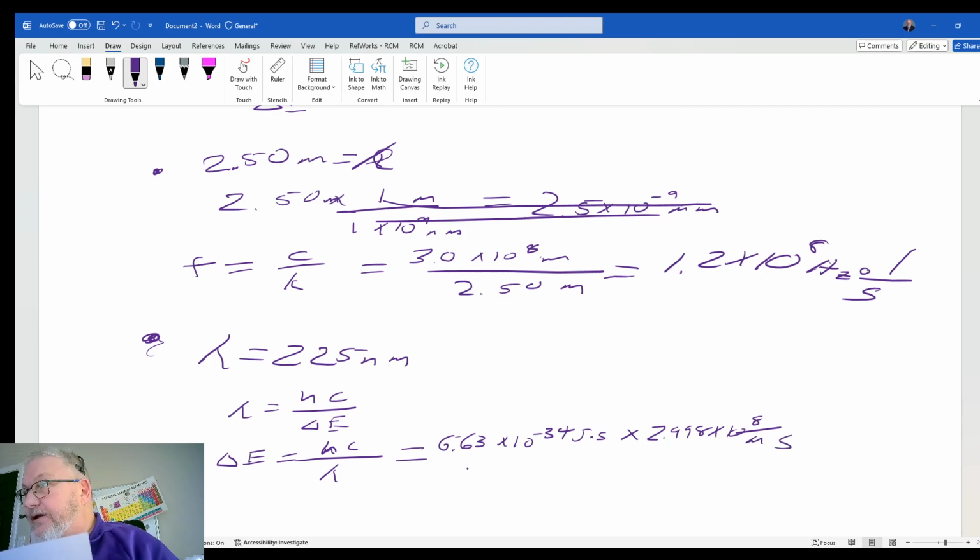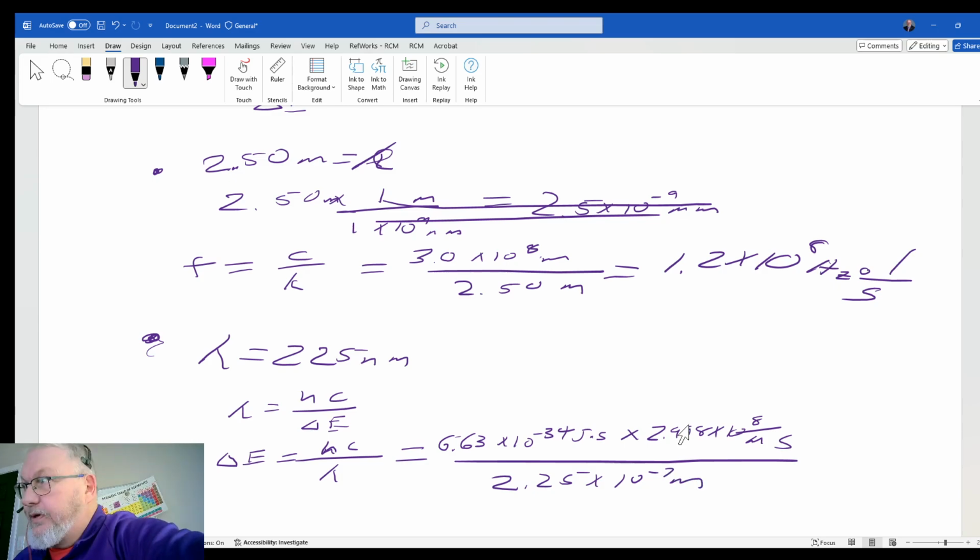And I'm going to convert that to meters. So I divide 225 nanometers by 1 billion, and I come up with 2.25 times 10 to the minus 7th meters.